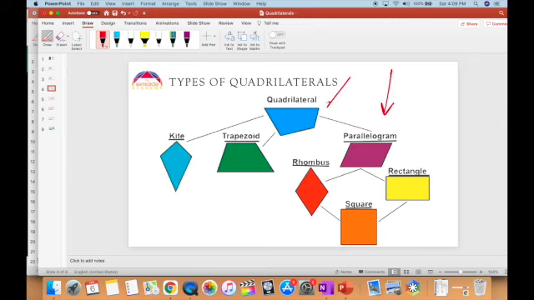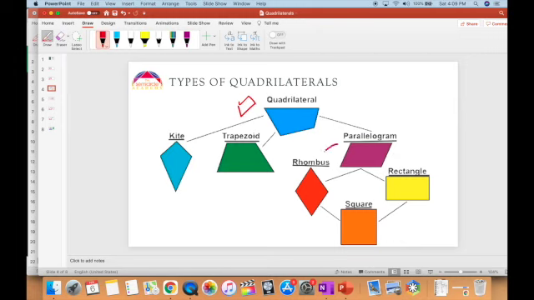A parallelogram is a type of quadrilateral. A quadrilateral is just a 4-sided figure. A parallelogram is a type of quadrilateral where you have the opposite sides being parallel. That is all. For a parallelogram, the opposite sides are parallel. What are the types of parallelograms? Well, you have 2 different types of parallelograms.